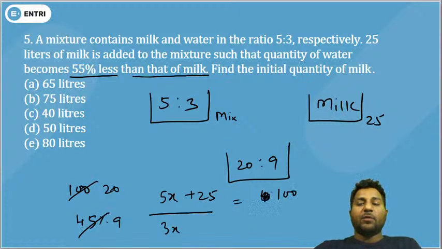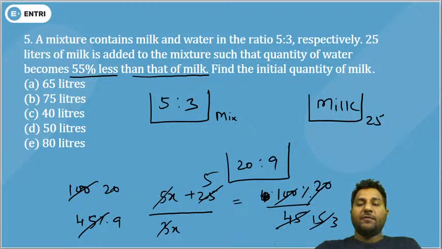So let's say milk was 100%, so water will become 45%. So let's solve it and quickly wrap up. 5, 3, 5, 4. So cross multiply and find the value of x. So 3x plus 15 equals 4x, which means the value of x stands for 15.